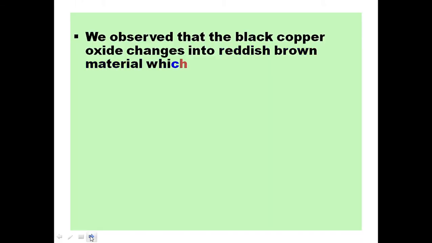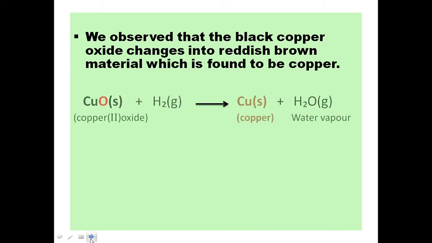If we pass hydrogen gas over the copper oxide, we observe that the black copper oxide changes to reddish brown, which is nothing but our starting material in the first experiment, that is copper powder, reddish brown in color. So let's see its equation. And there you go. Now look at the equation carefully and see what actually is happening.